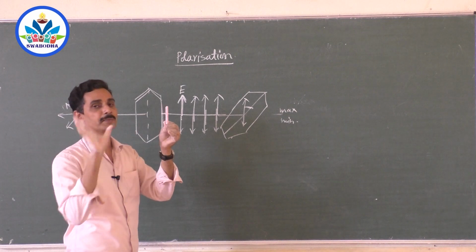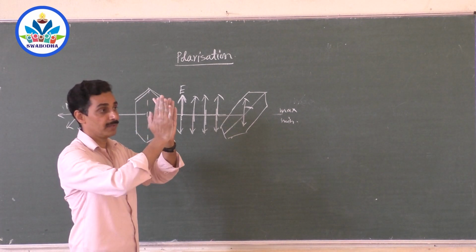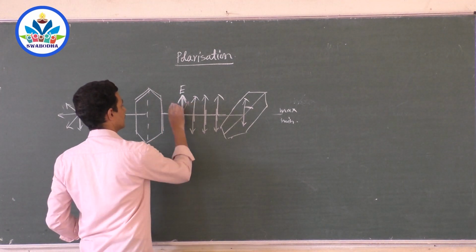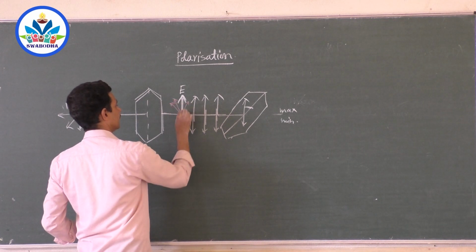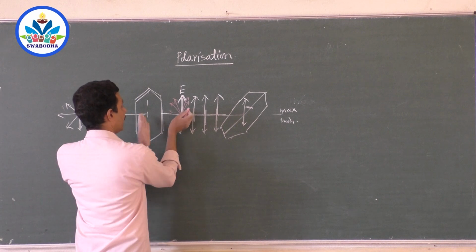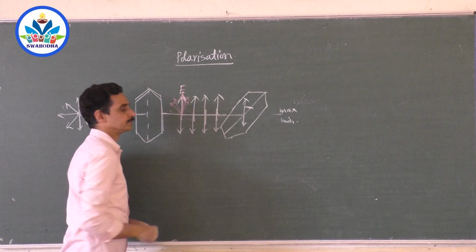No component in the perpendicular direction. And the sum of all these pieces has made this electric field. There is an electric field like this, like this, but no electric field like this and like this, not possible. And the vector sum of all these has given this electric field.